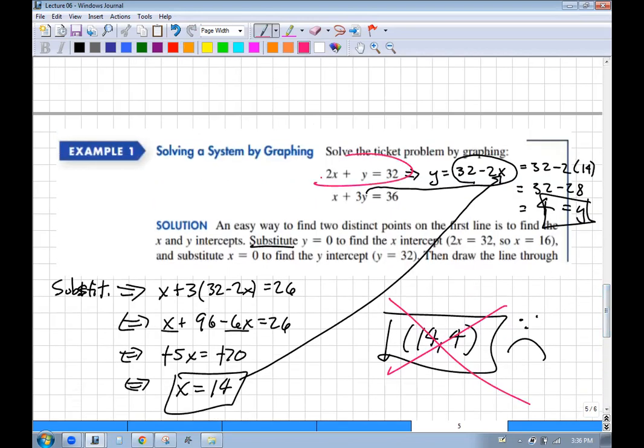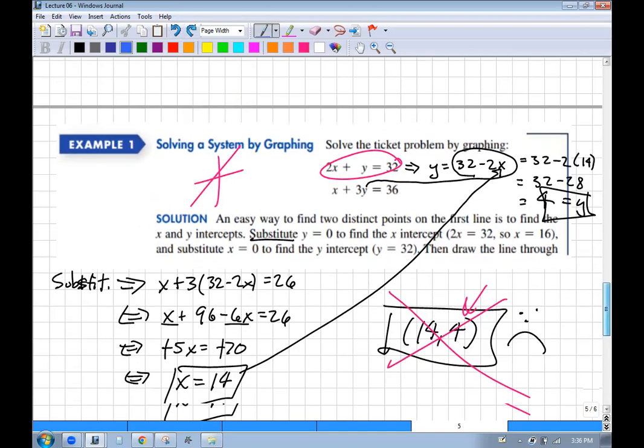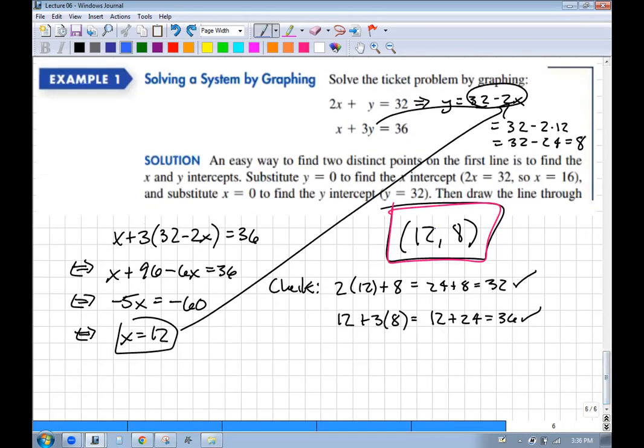It only satisfied the first equation, meaning if I graph this, this point lied on this line here, but it didn't lie on this line, okay? So this point, 12, 8, if I graphed both of these, this is the point where those lines cross. It is the one unique solution for both equations, okay?